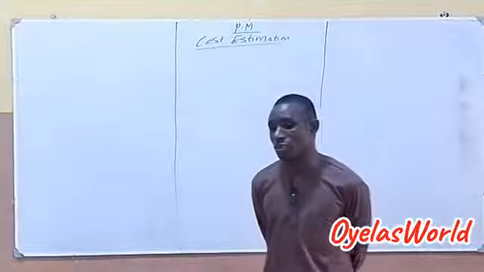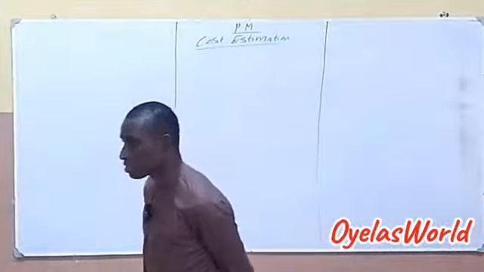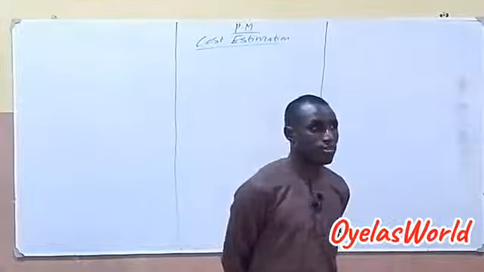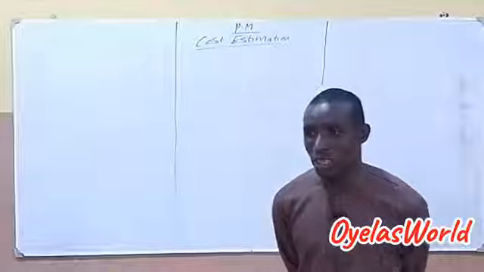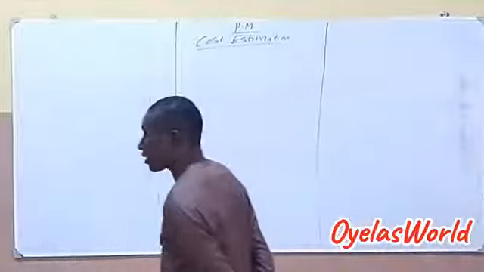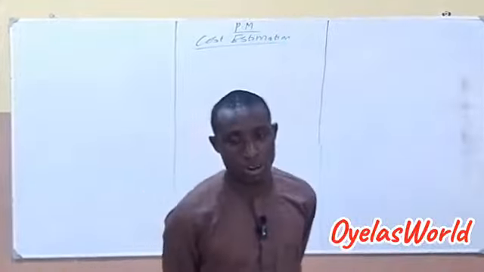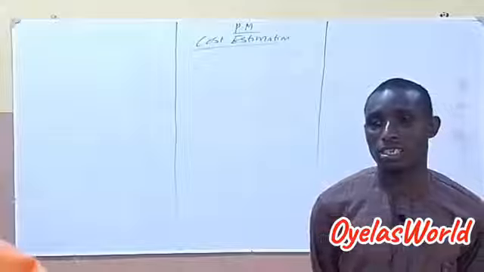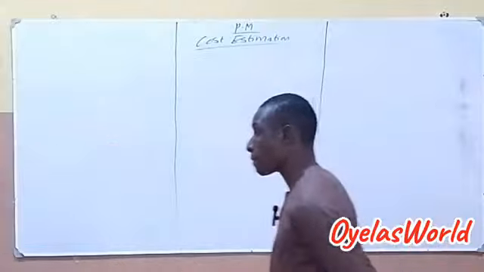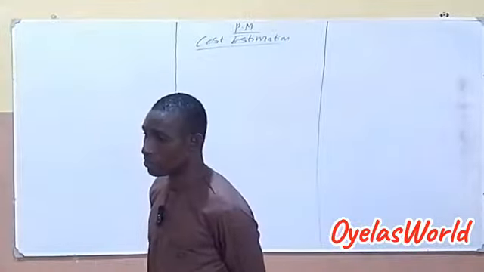At the same time, we talked about the different classifications: classification by nature, direct and indirect costs; classification by functions, production and non-production costs; classification by control, which is controllable and uncontrollable costs; then classification by behavior.